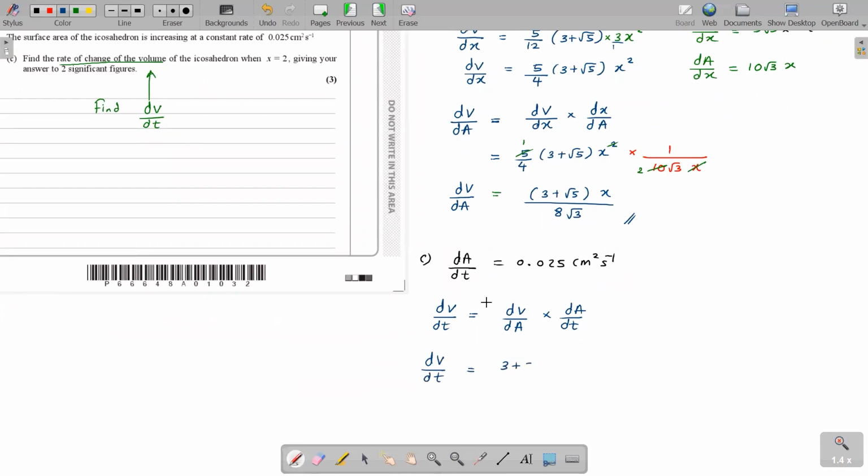dV by dA is 3 plus root 5 over 8 root 3 x, into dA by dt, which is 0.025.